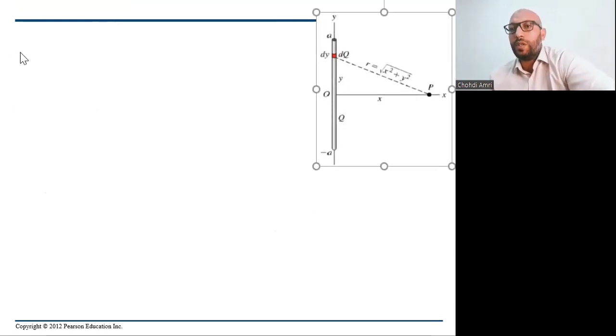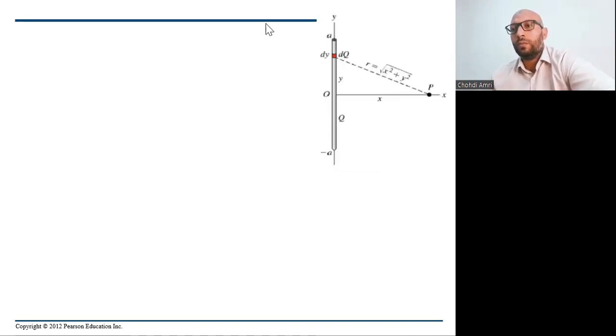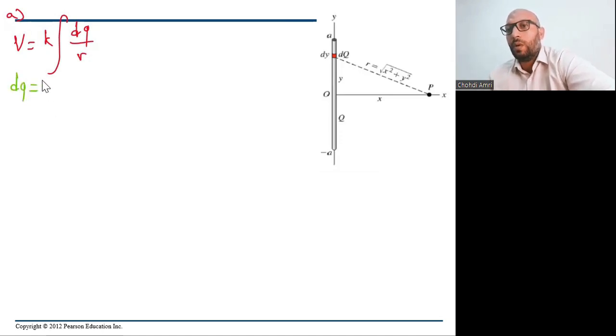Of course, we have continuous charge distribution. So we will write V equal K, the integral of dq over R. As usual, dq is equal lambda dl, and our charge is varying along the y-axis, so lambda dy, and R equal square root of x squared plus y squared, because here we have right angle triangle.